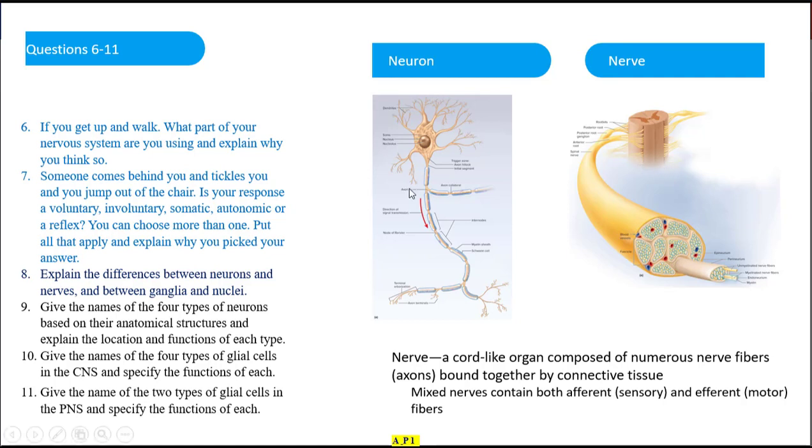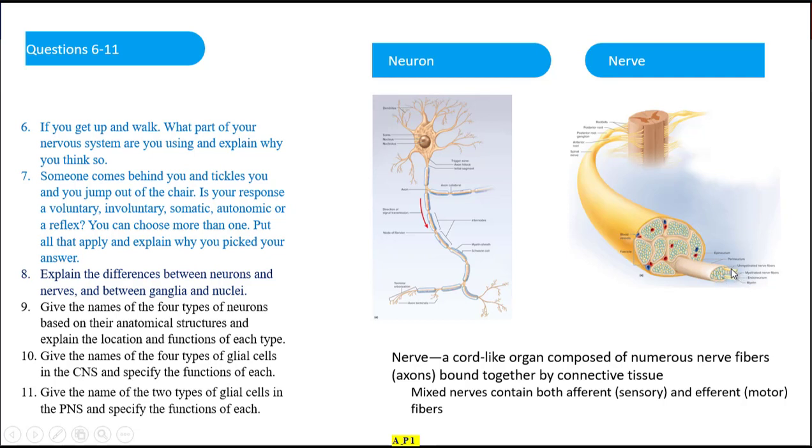But what is a nerve? When you take many of these axon terminals of these neurons, you form a nerve. So nerves are just groups of axons of neurons. If I look at this picture on my right, you see these little pieces are the neurons. You put a lot of neurons together, right?